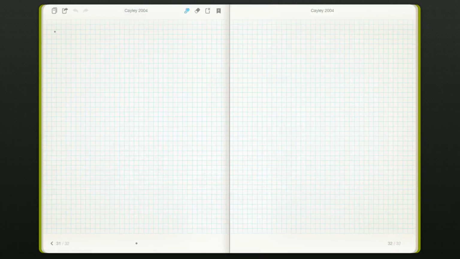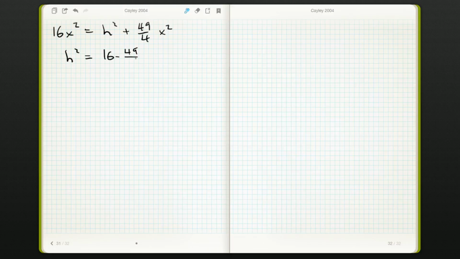So we have (4x) squared, so that's 16x squared is h squared plus, and now it's (7/2 x) squared, or 49 over 4 x squared. So h squared is going to be 16 minus 49 over 4. 16 is 64 over 4.